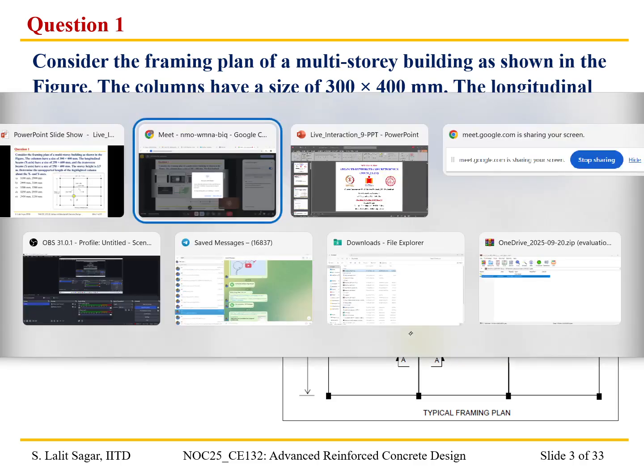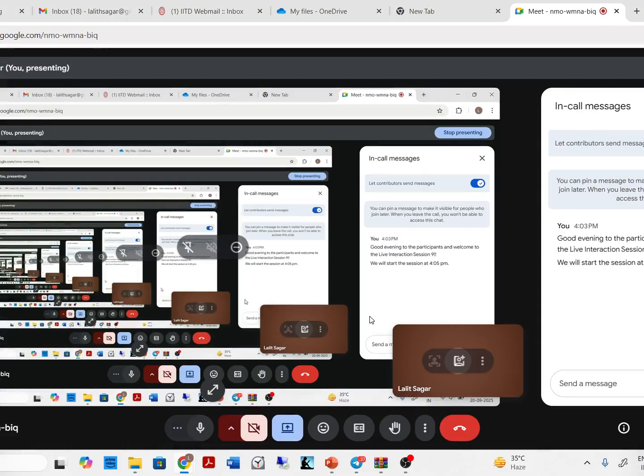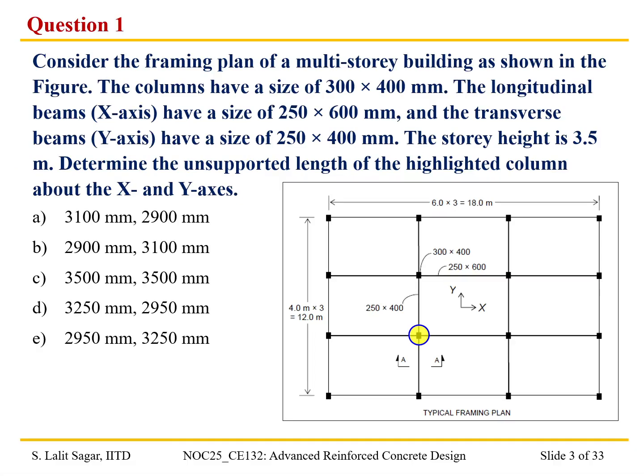Okay, so if the column were to bend along the y-axis, what would be the unsupported length? Okay, so what we need to do essentially is that we need to find out the story height. Okay, so from the story height, we need to deduct the height of the beam that is along this direction.